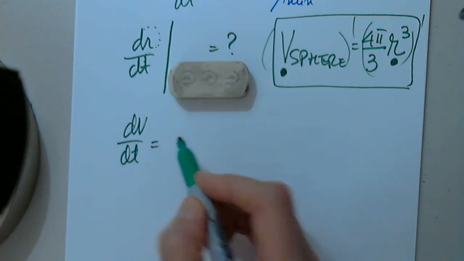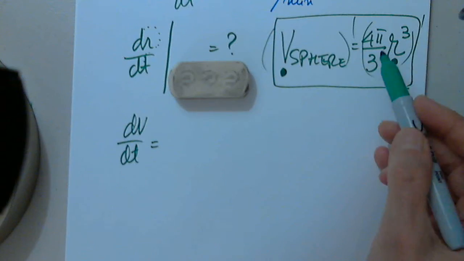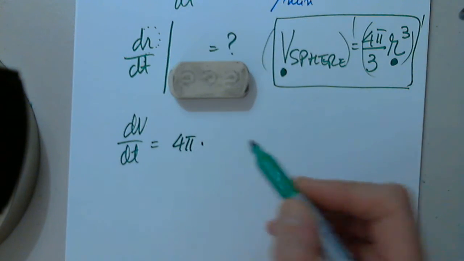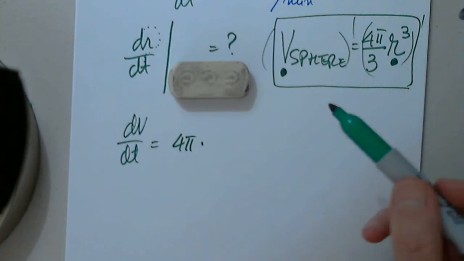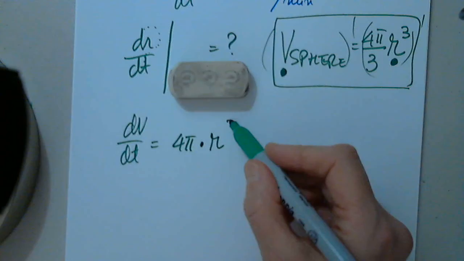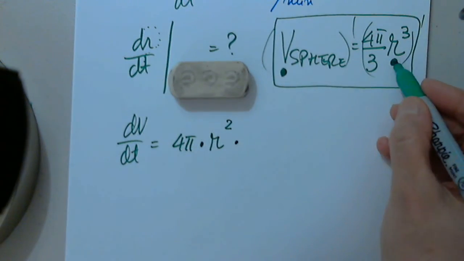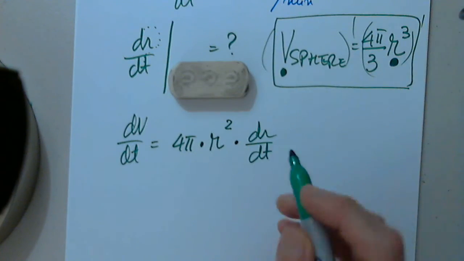Perfect. Good. Let's differentiate. I bring 3 down and it will simplify. So 4 pi times r squared, excellent, dr over dt, excellent.